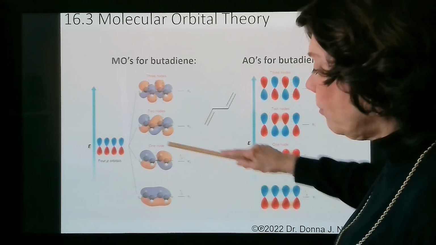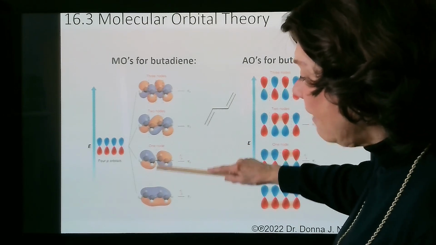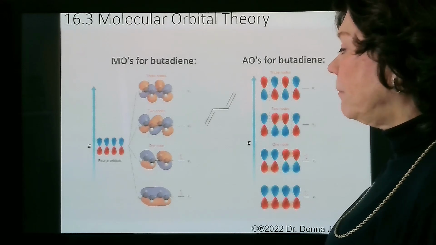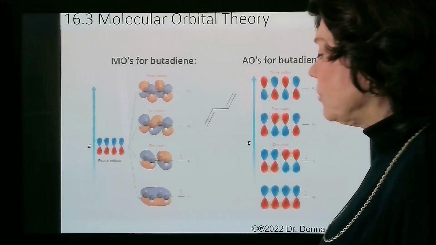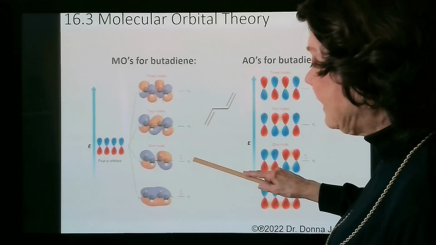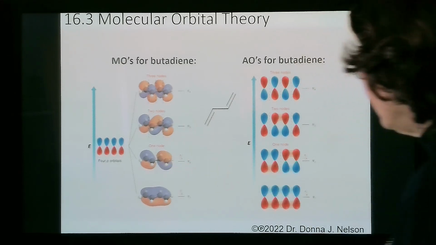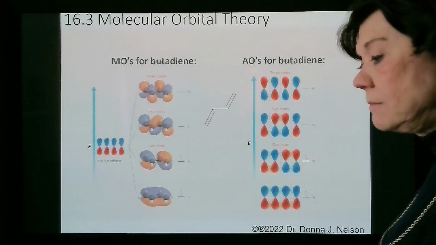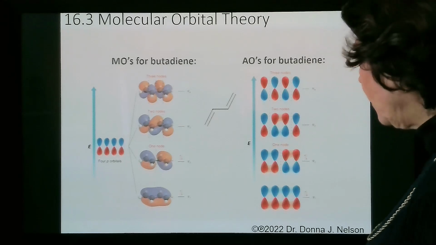In this molecular orbital is the node, and so you have no bonding interaction contributing to the bonding of the molecule between C2 and C3 in psi 2. So that explains some of the reactions that we see later on.